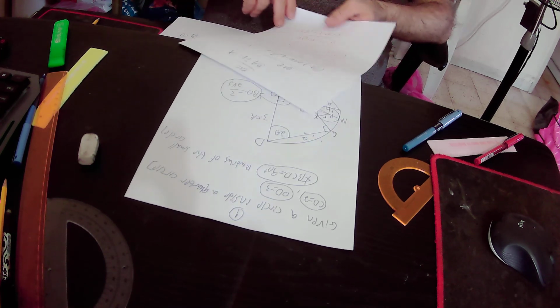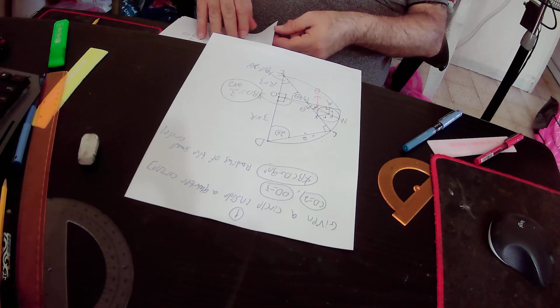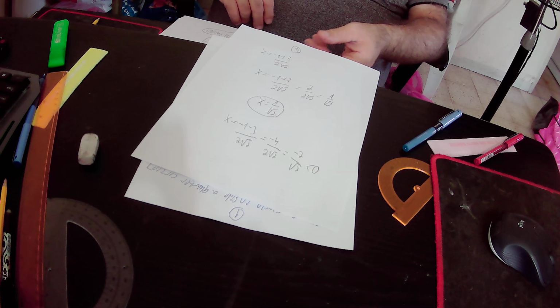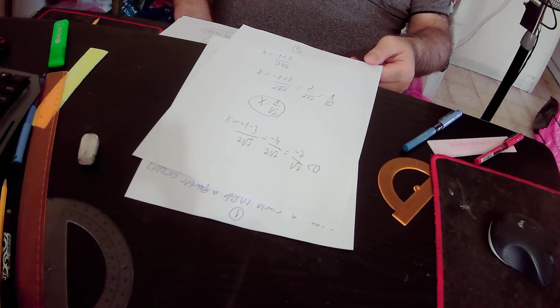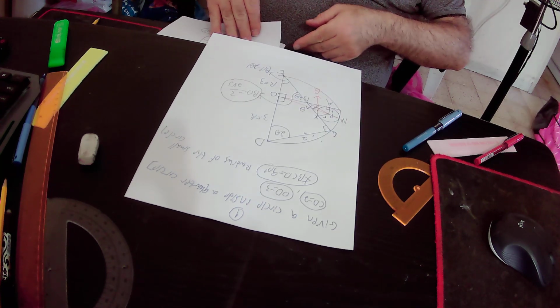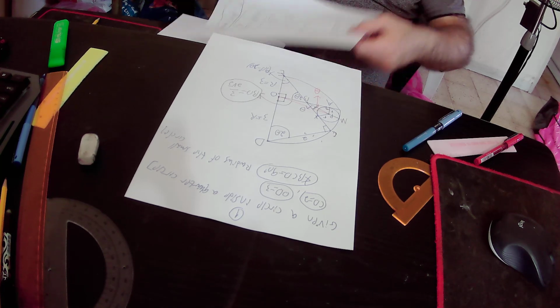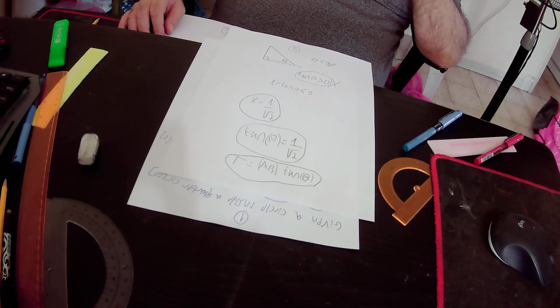and we found out that x equals 1 over root 2, and x is actually equal to tangent theta according to our definition. So actually tangent theta equals 1 over root 2.